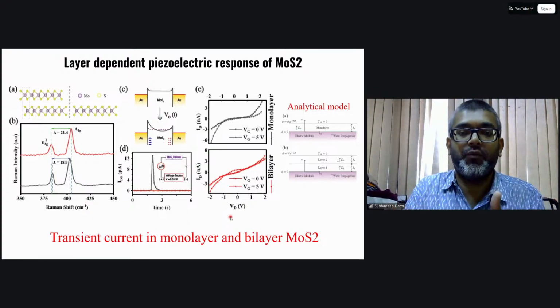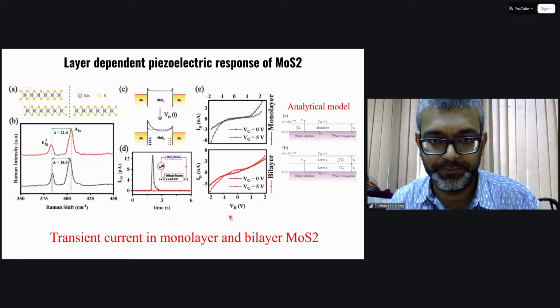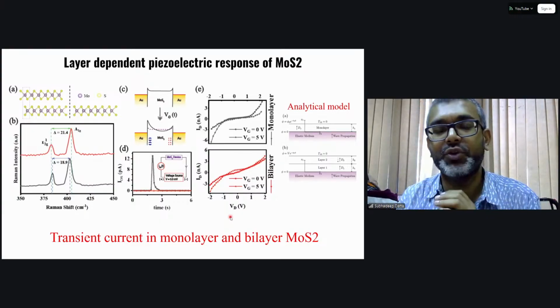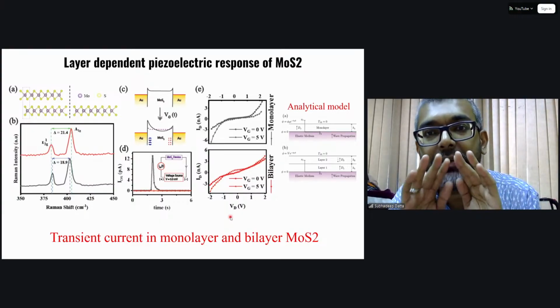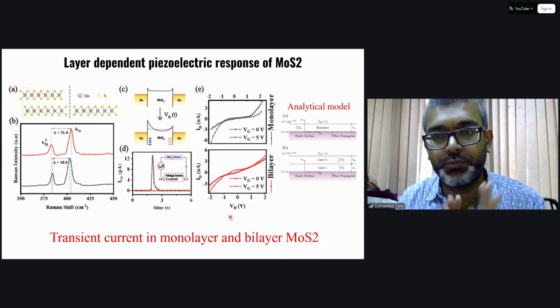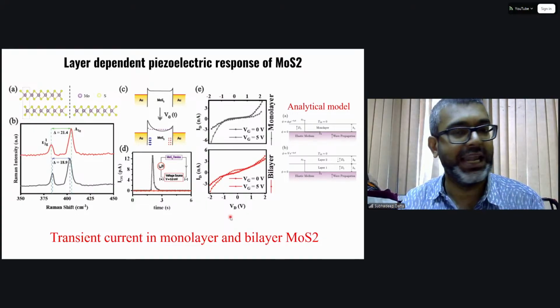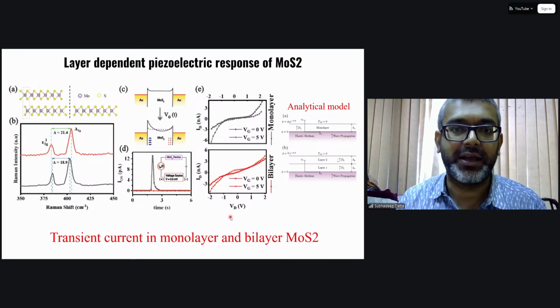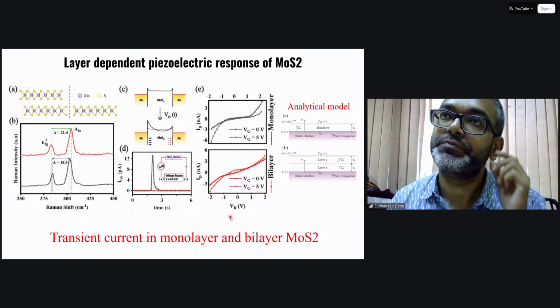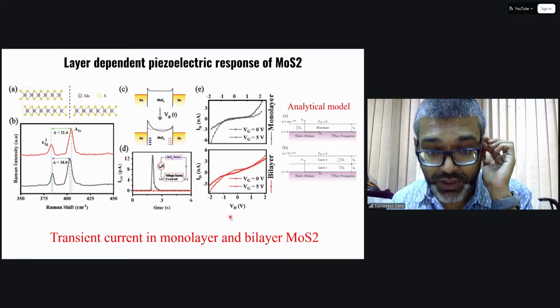But when you get a bilayer MoS2, it's centrosymmetric. So for bilayer MoS2, its piezoelectric response will be off. Now that's a very good point for us, because we can create different layers as we wish. So we can confirm our experiment with different layer circuits. So that is what we have done.